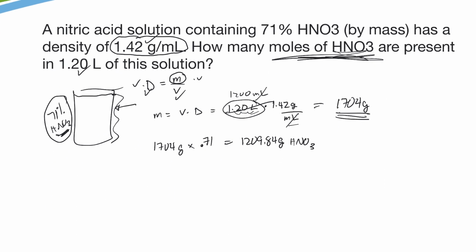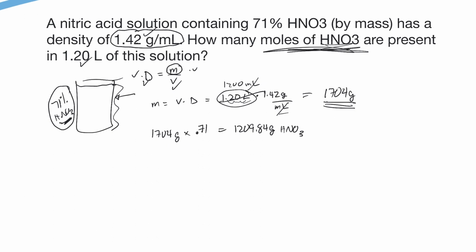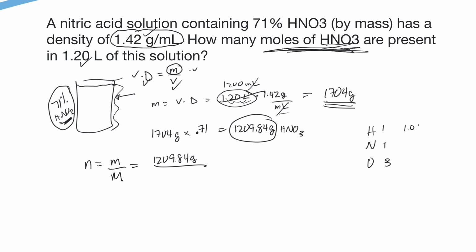So now they want to know how many moles is that. So now I can use the formula moles is equal to mass over molar mass. The mass of nitric acid is 1209.84 grams. And now I have to figure out the molar mass of nitric acid. So I have hydrogen, nitrogen, and oxygen. There's one of those, one of those, and 3 of those. Hydrogen is 1.01, nitrogen is 14.01, I think. Let me check.